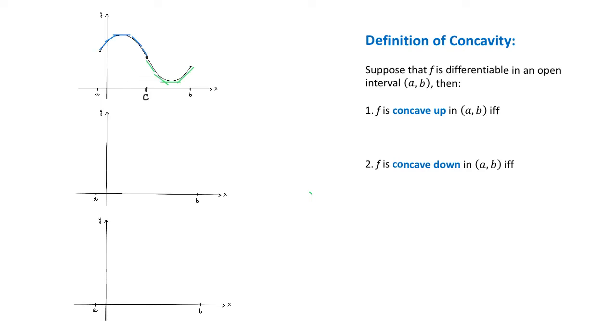Here I have drawn the tangent lines on the two different segments of this graph. From A to C, I have them in blue, and from C to B, I have them in green.